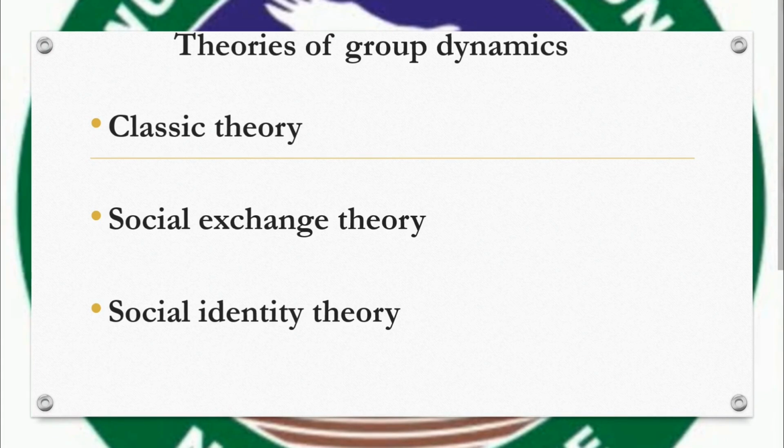Thus, a perception that exchange relationship will be positive is essential for groups if individuals are to be attracted and affiliated with the group. So here now, we are trying to say that people will only join groups if they are very sure that there will be exchange of relationships, exchange of privileges and responsibilities.